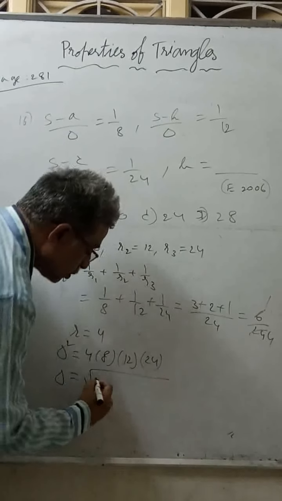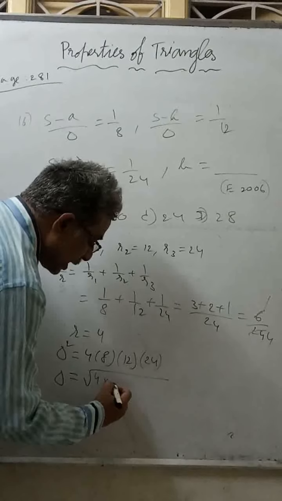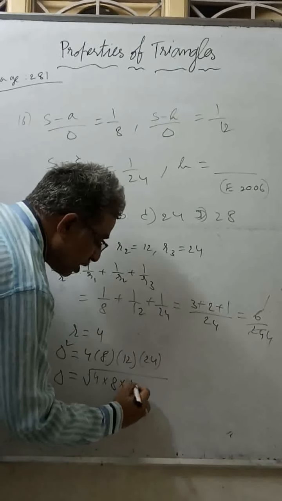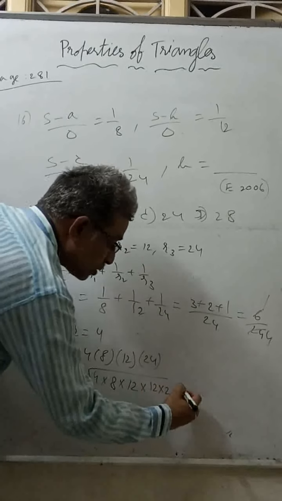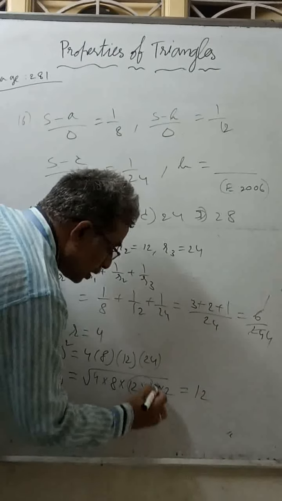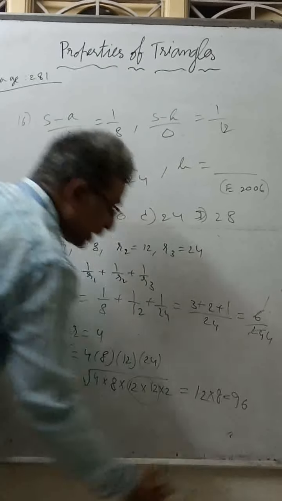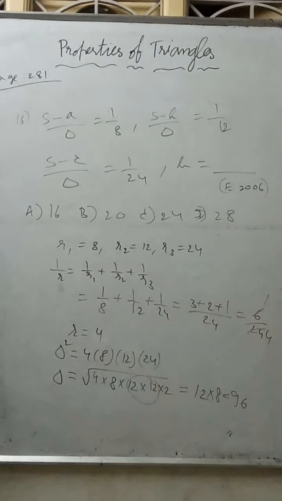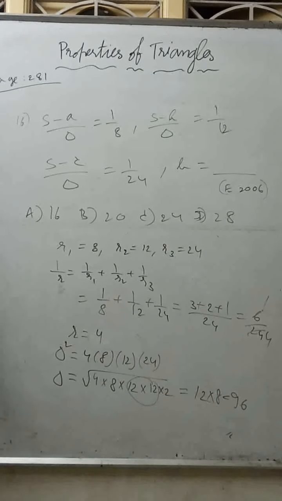I write 4 and 8 as they are, 12 as it is, and 24 as 12 into 2. So for 2 twelves I can write one 12, and for 2 eights, one 8. So delta equal to 96. If I substitute in r, I will get s.